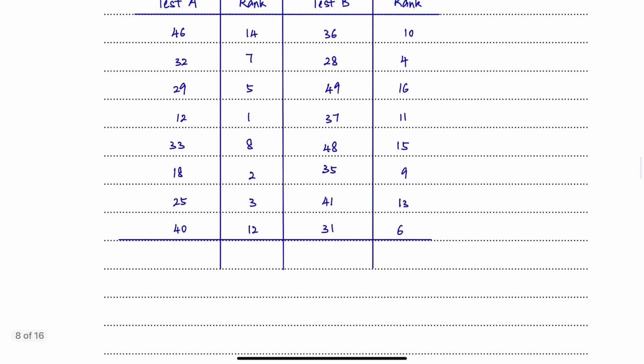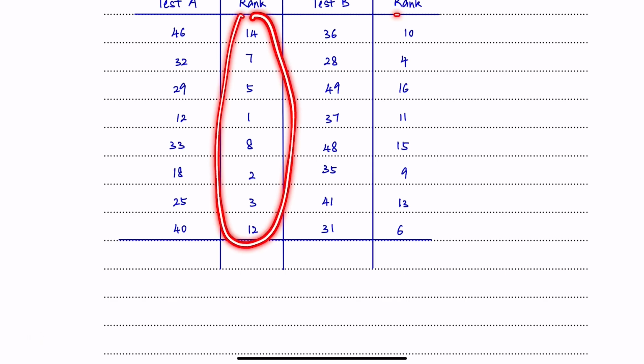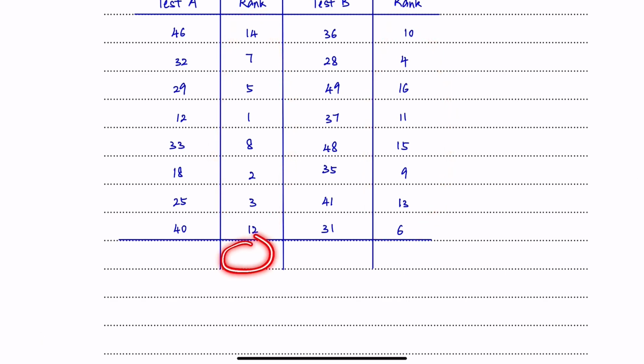So now we need to sum up all these rankings and write it here. Alright, so the total ranking for test A would be 52, and the total ranking for test B would be 84.